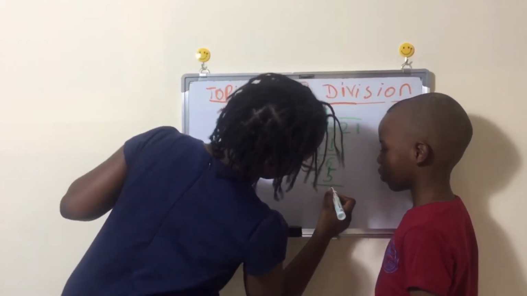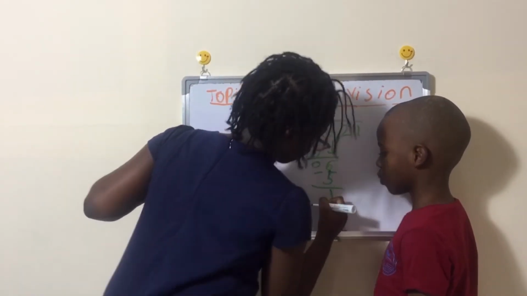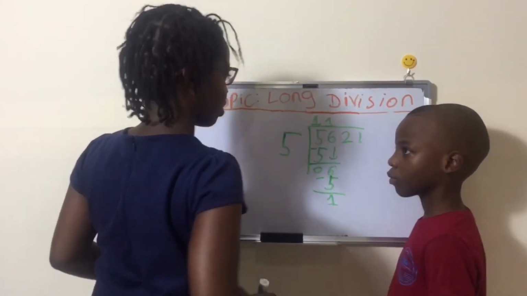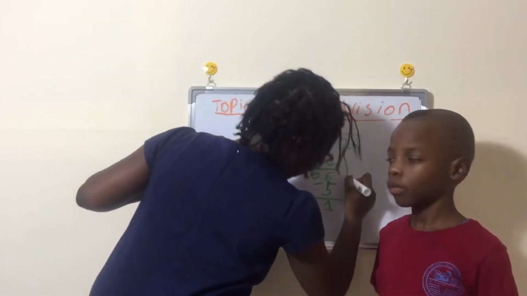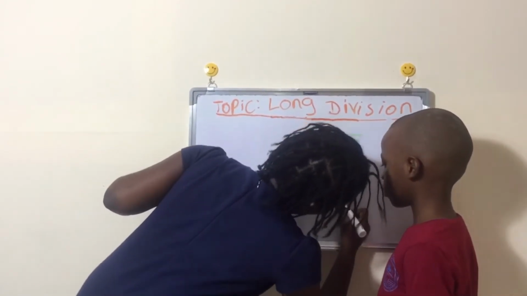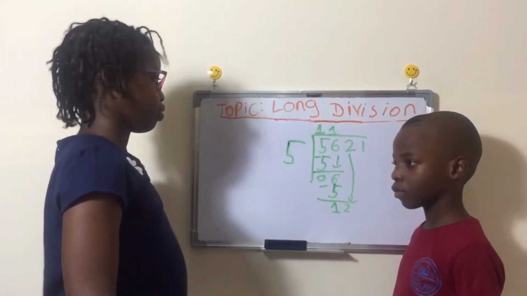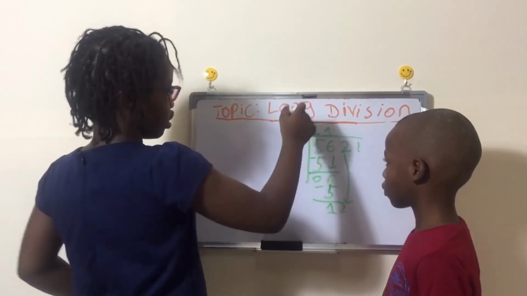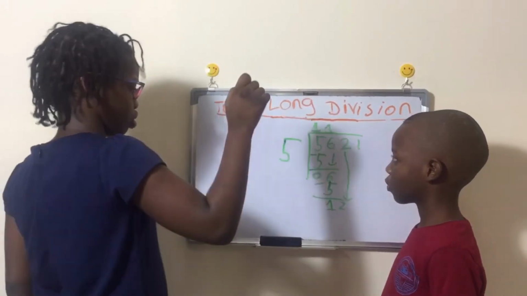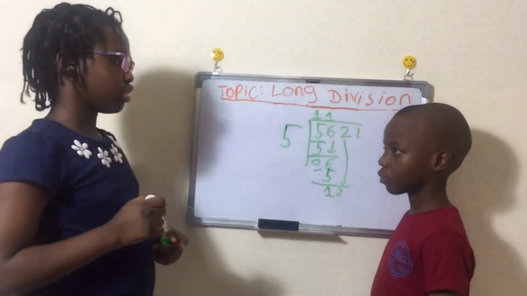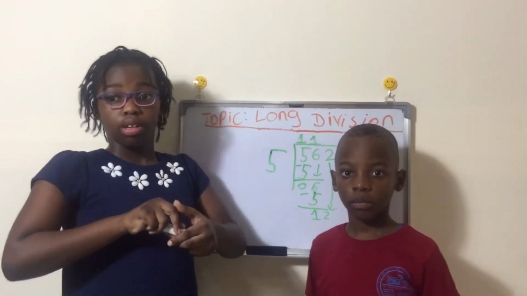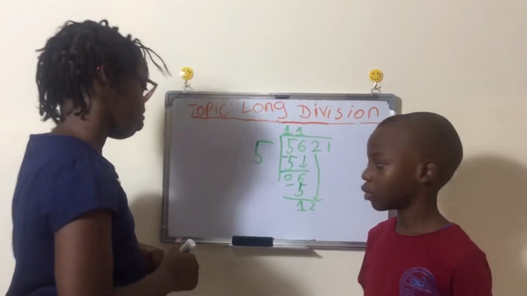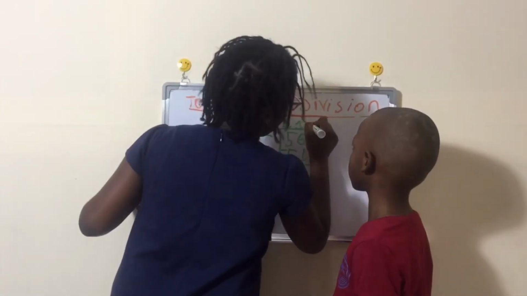Remove 5, it becomes 1. So then we bring down 2. It becomes 12. So now, how many times does 5 enter 12? That's the big question. It goes in twice. So we write 2 up here.